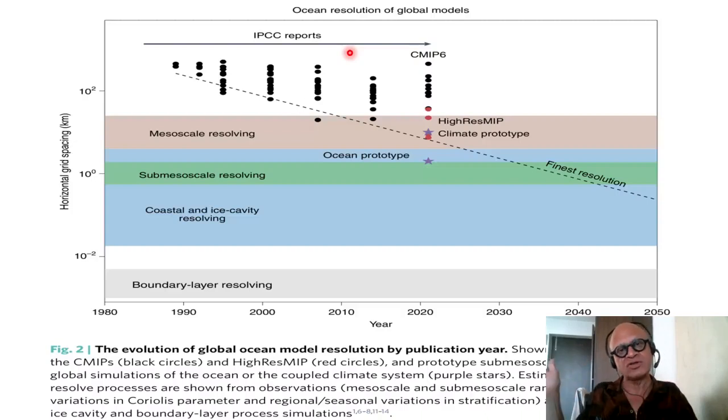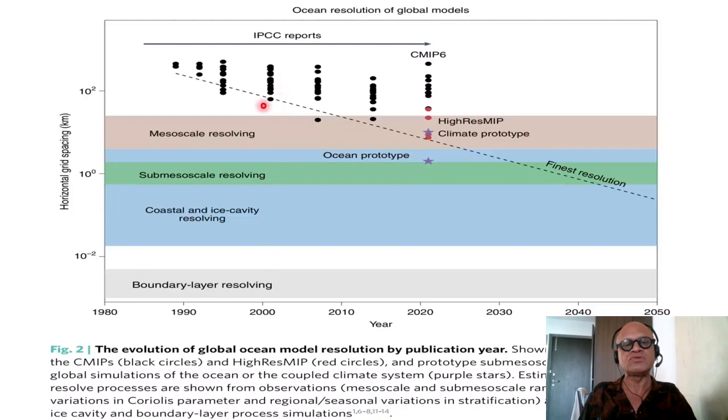And they have to make long simulations starting with pre-industrial levels going into the future with multiple ensembles, multiple scenarios, and so on. Nonetheless, you can see that the resolutions have tended to increase. So as we go down the scale, resolutions increase.